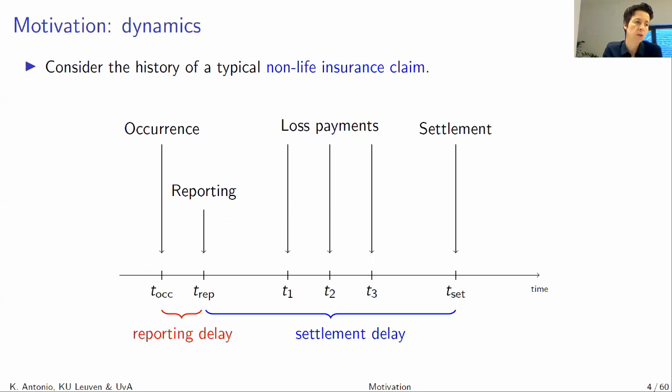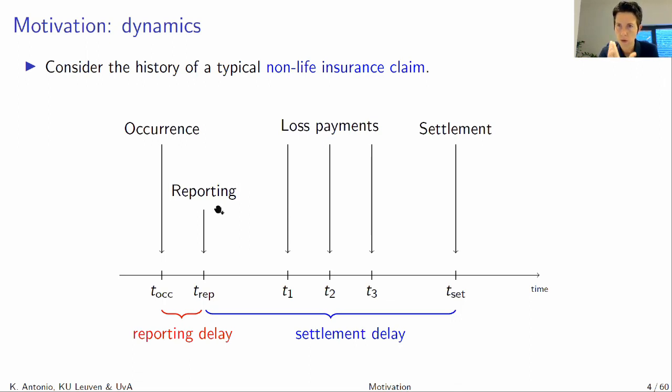It could also happen several months or several years later, in case the damage that occurred is not immediately noticeable. So we call this delay between the occurrence of the event and the reporting of the event the reporting delay.